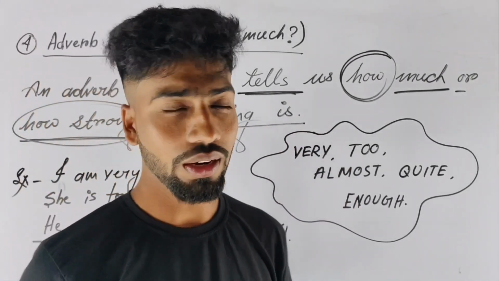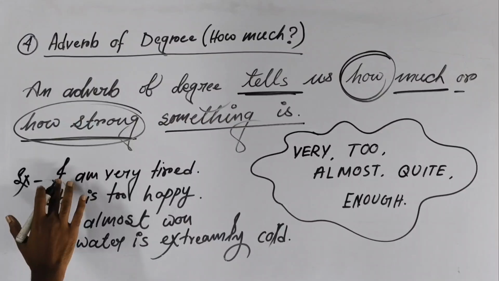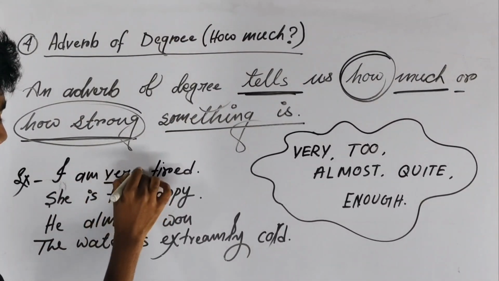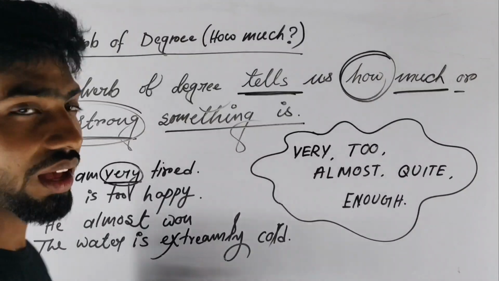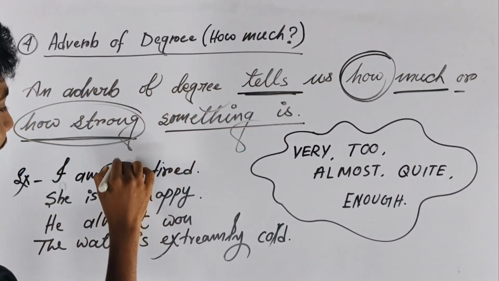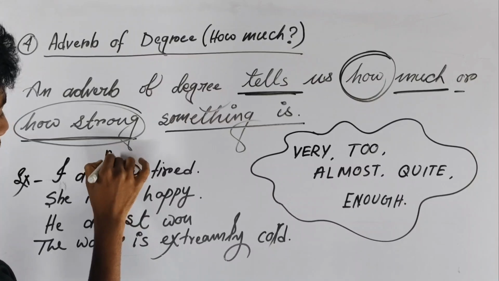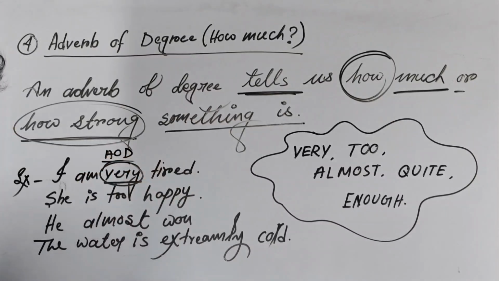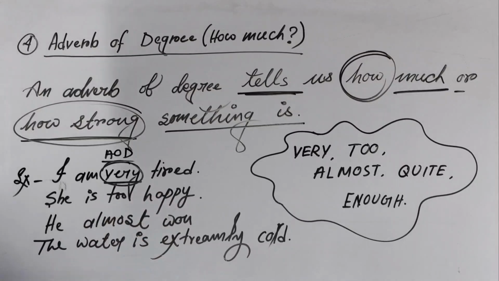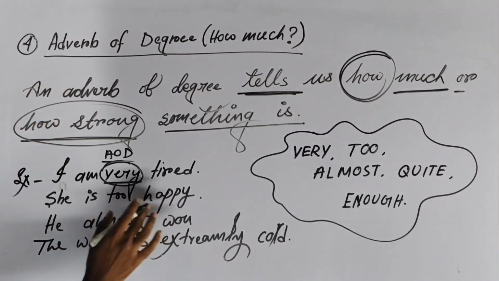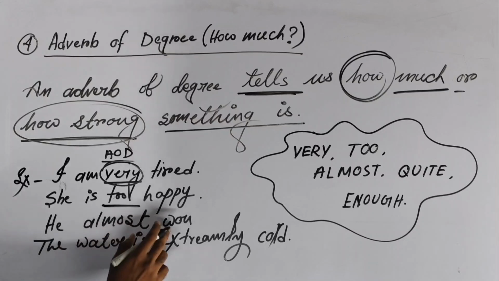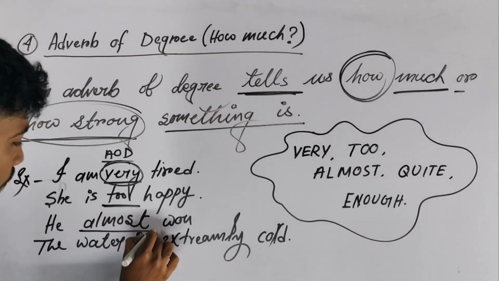For example, look at this sentence. I am very tired. Here the word very tells us how tired I am. So here very is an adverb of degree. Next, she is too happy. Here, too. Next, he is almost done. Here, almost.